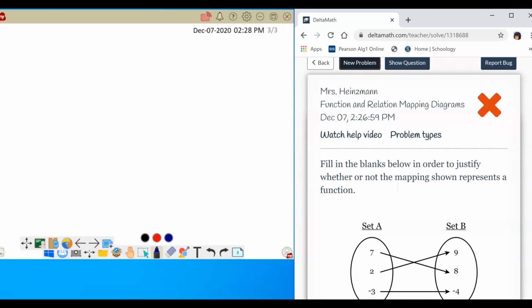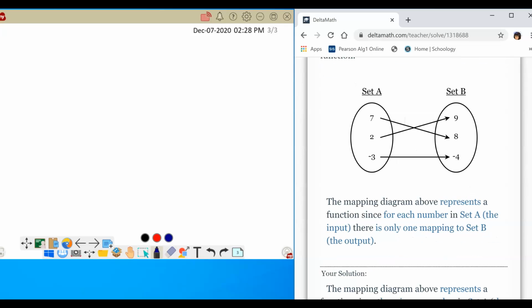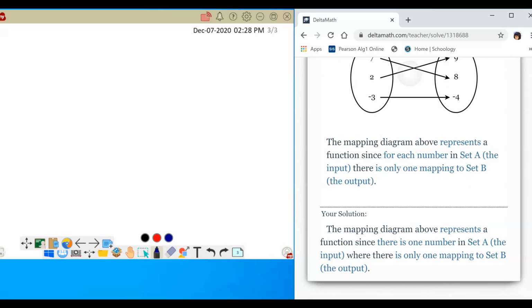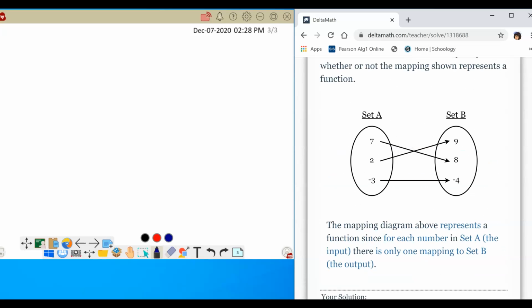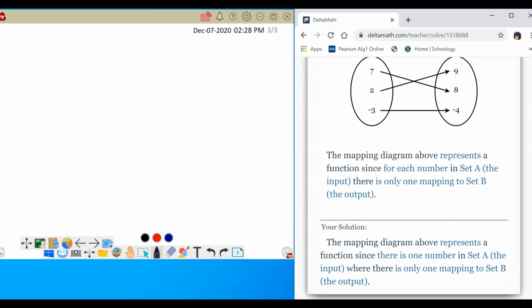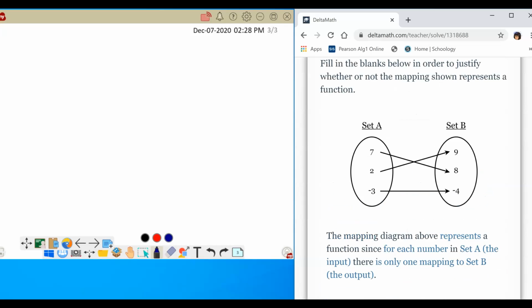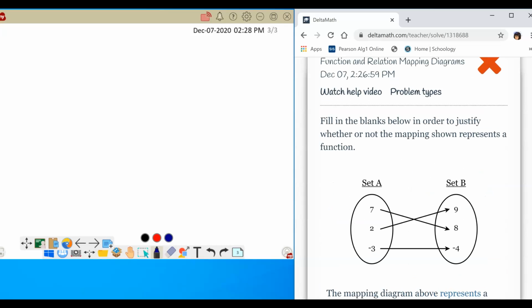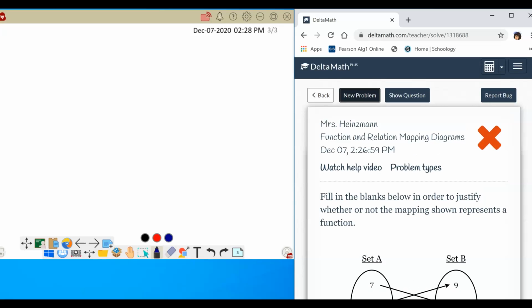Oh, I didn't put it in right. I got the right answer, but the fact is that this is a correct mapping. This is a function. I just didn't pick the correct verbiage. So let's look at one more of these.